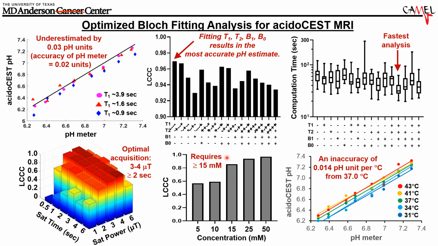As a problem, this technique does require at least 15 millimolar to have reasonably good accuracy and precision, although you can get a measurement with less accuracy and precision if you have lower agent within the phantom or the tumor voxel. It is temperature dependent, but as long as you keep your mouse at 37 degrees plus or minus 1 degree, you'll have a very good pH measurement.